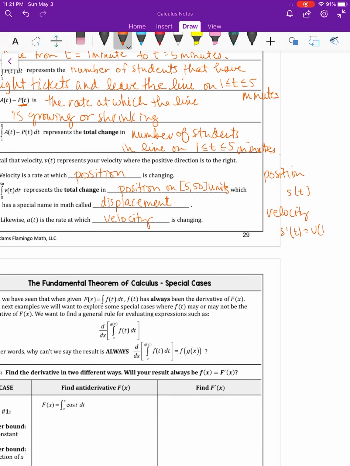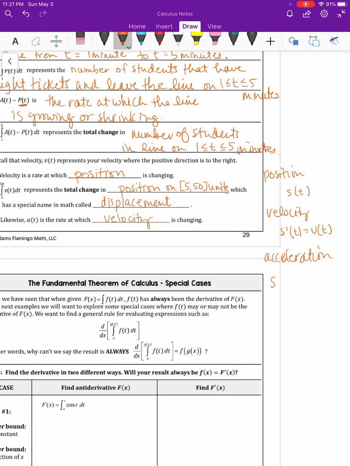So you remember that we have called the position function a lot of times s of t. We've called the velocity function, which is the derivative of position, v of t.